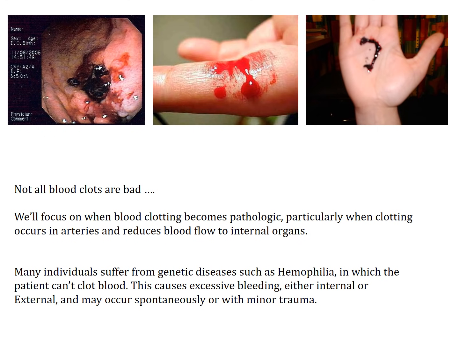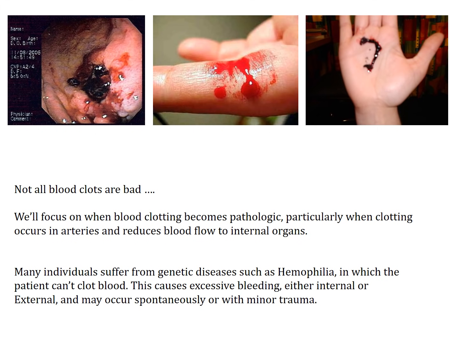So bleeding and clotting, you've got to walk this fine balance in terms of how much clot. You want a clot to occur when it needs to occur, but you don't want it to excessively occur and then start clotting off vital organs. And people can suffer from both ends of the spectrum.